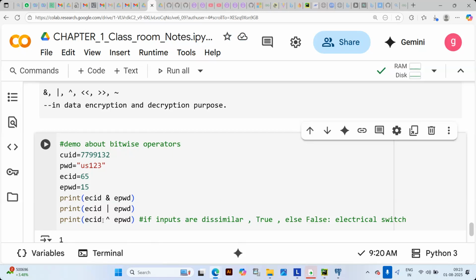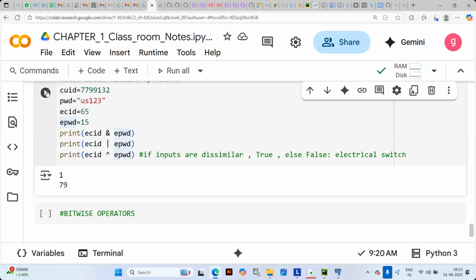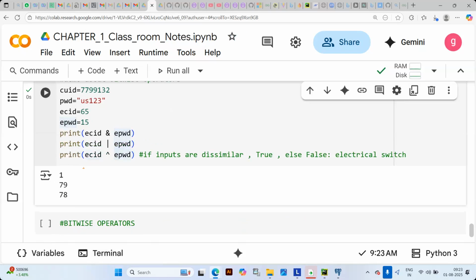Now, if I perform the operation between the customer ID and password, the output thrown to you is 78. How did you get that? You take the same values, 1000001 and 0001111. But here I am performing the exclusive operator.